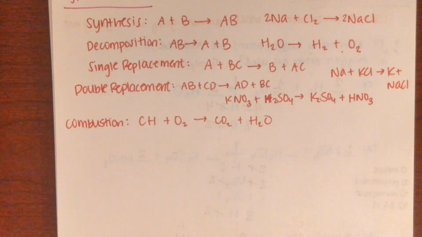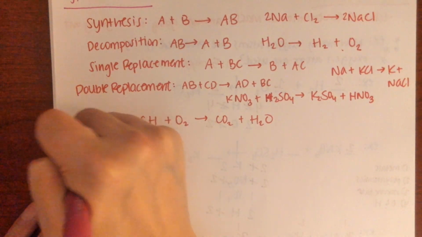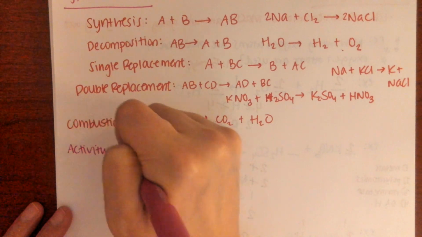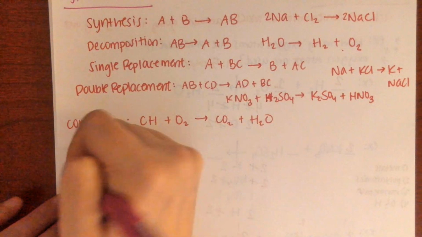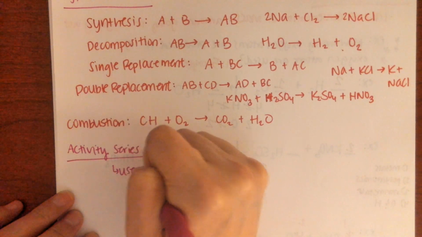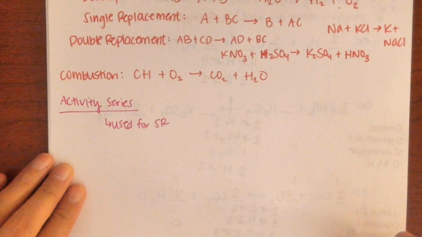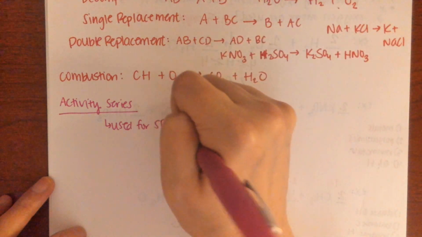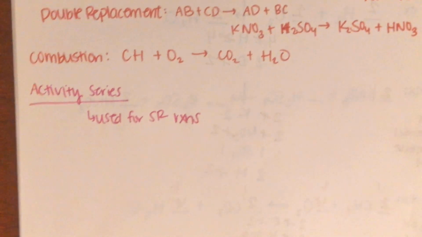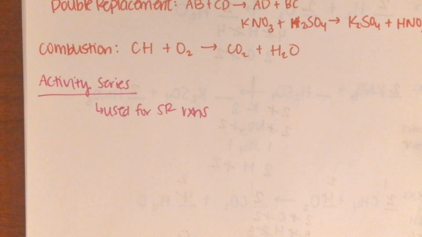Now, how do I know if something is a single replacement? That is my next topic in the list, and that is called activity series. And this is mainly just used for single replacement reaction. Now I'm going to abbreviate SR, single replacement reaction. Alright, so the activity series, it's this resource right here, which you get to use.